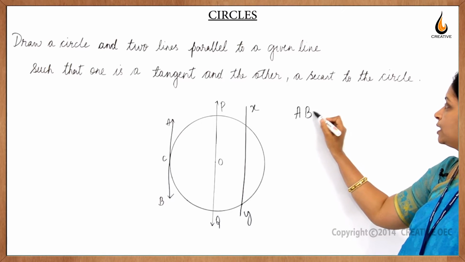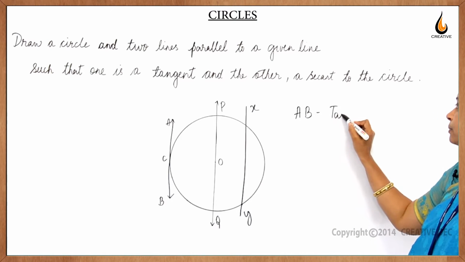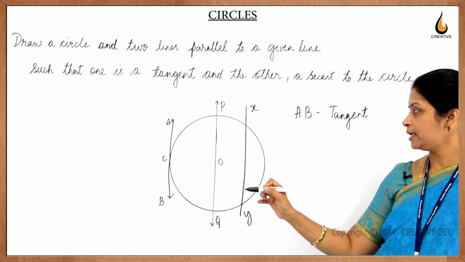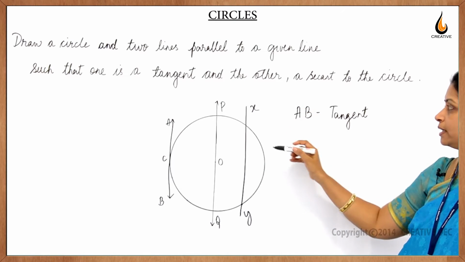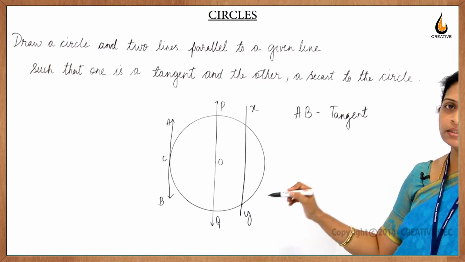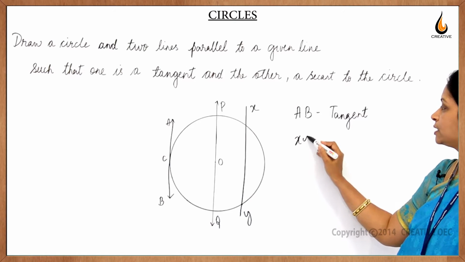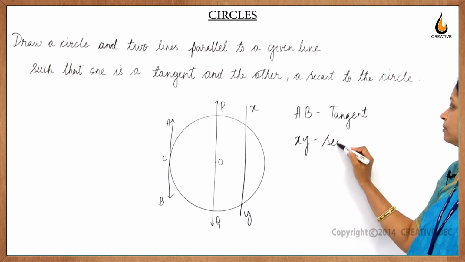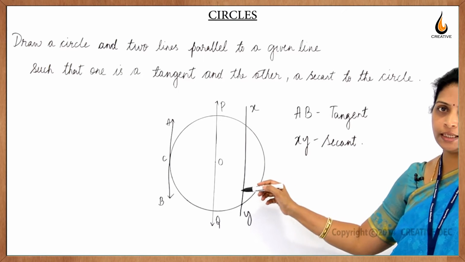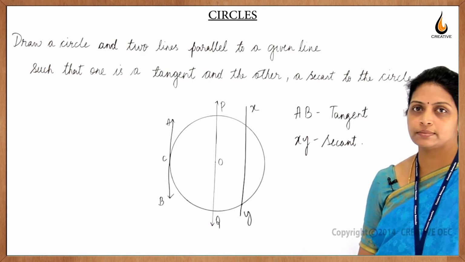We have drawn two lines, one is AB, that is the tangent, and the other line should be a secant. We will draw a line XY which touches the circle at 2 points. So, XY will be called the secant to the circle, and this is how you have to draw the lines to the circle.